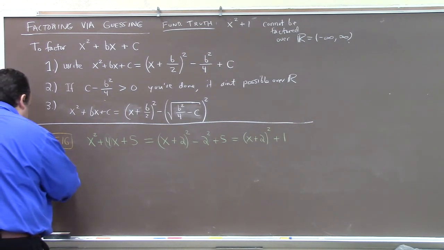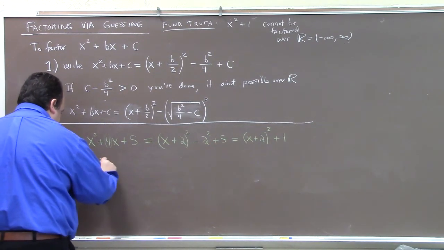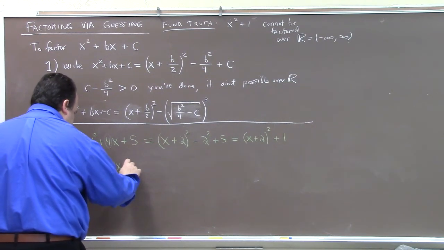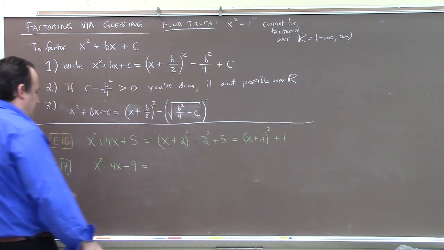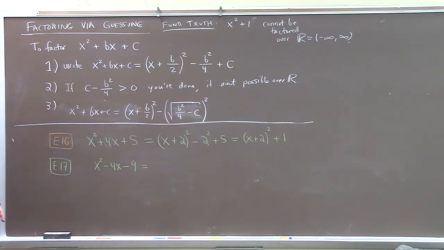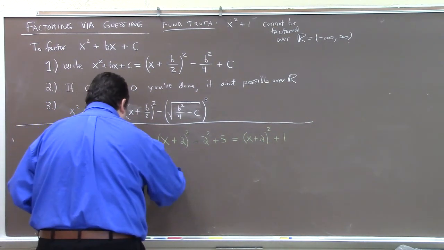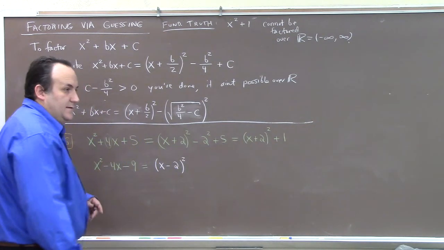Example 17, though. What was that one we just worked out? X squared minus 4x. No, plus 4x or minus 4x? I can't remember. You guys help me out. Which is the one that I just did and erased? Okay, this one. So let's go through the algorithm. We do x minus 2 quantity squared, right?